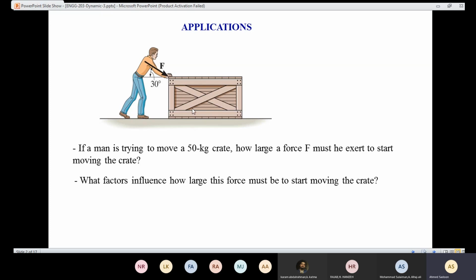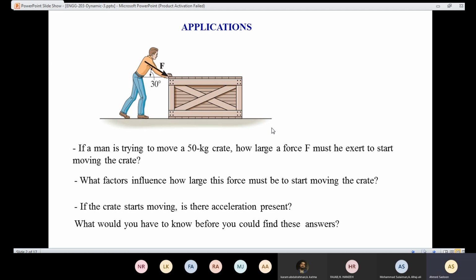And also we need to know what factors influence how large this force must be to start moving the crate. Also, if the crate starts moving, is the acceleration present here? And also, what would you have to know before you could find these answers?